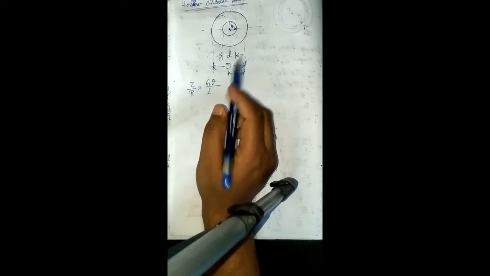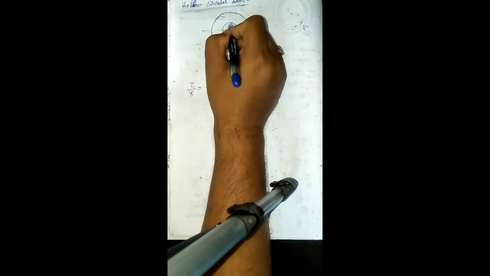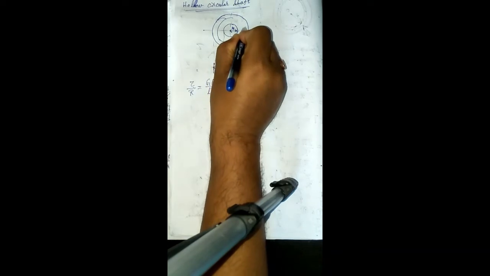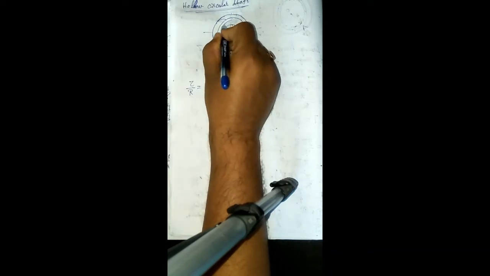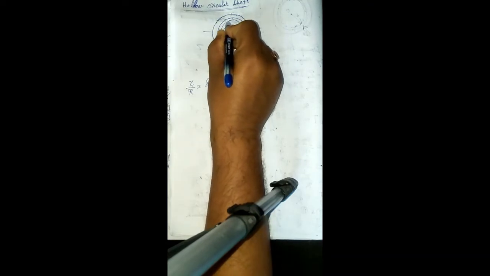Now, similarly, we take an elementary circular strip or ring at a radius x.